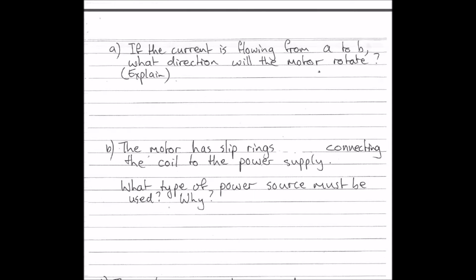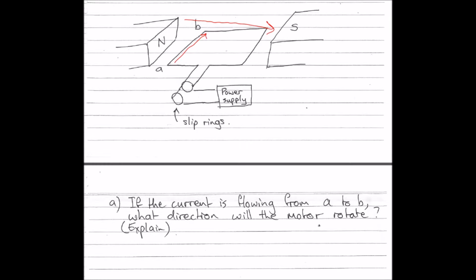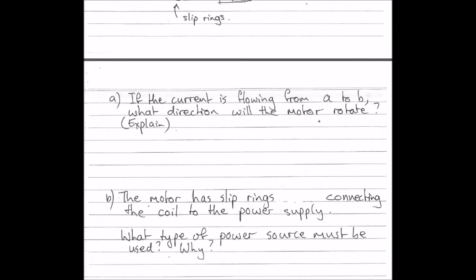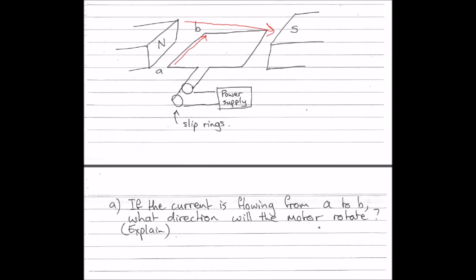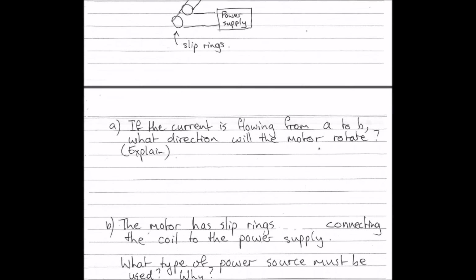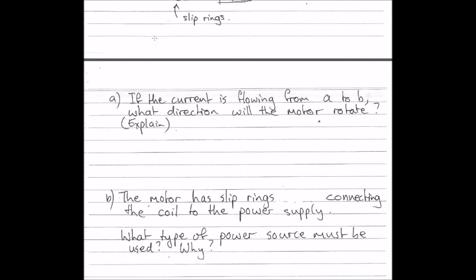Now lots of people got anti-clockwise, which is good because that's the right answer, but the quality of the explanations wasn't very good. Again, we're using the right hand slap rule, so I want you to refer to that. Now remember, this is a motor question, so it's not a question about flux or anything like that.